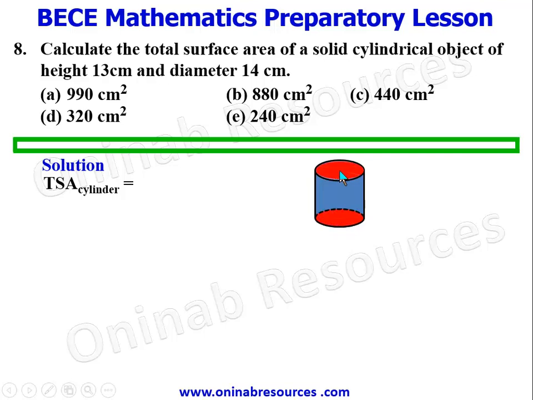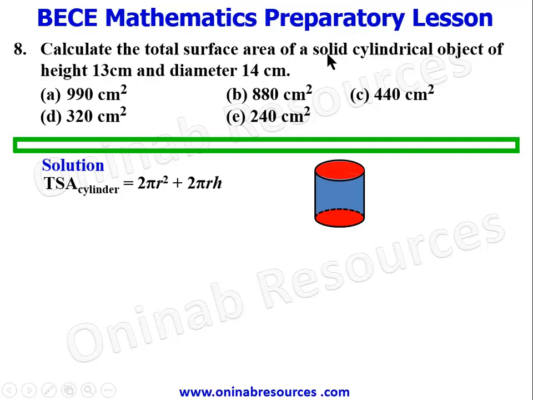Since the area of a circle is pi r squared, the two circular faces will be 2 pi r squared, plus the area of the curved surface, which is 2 pi r h. So that's the formula we are going to use to calculate the total surface area of the solid cylindrical object.